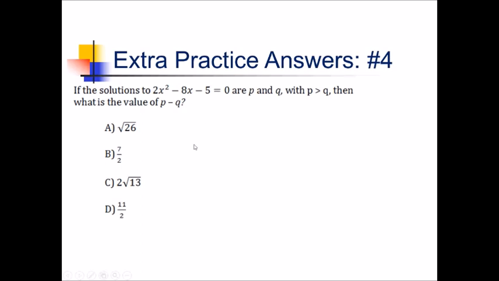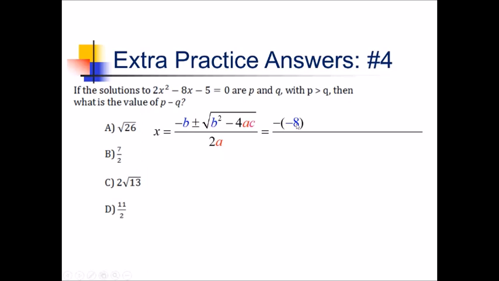So here it is, -b plus or minus the square root of b squared minus 4ac all over 2a. We have an a value of 2, a b value of -8, a c value of -5. So plugging all this in, we have -8 for that b value there, plus or minus the square root of the b value -8 squared, minus 4 times the a value 2 times the c value -5, all over 2 times the a value 2.